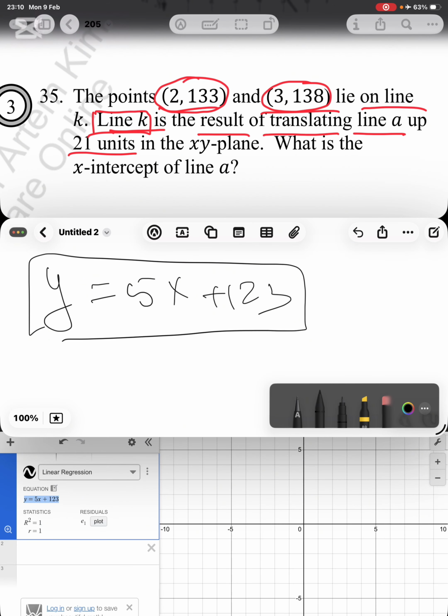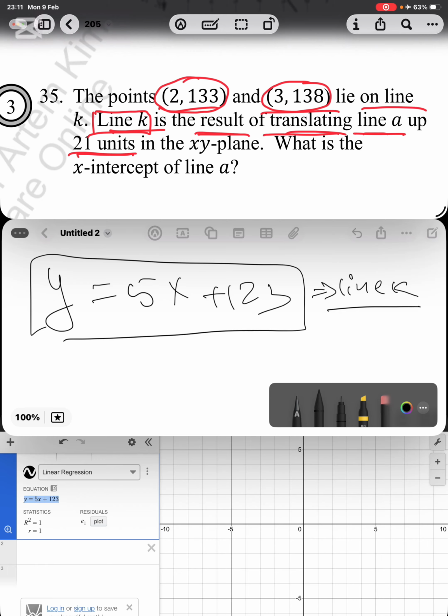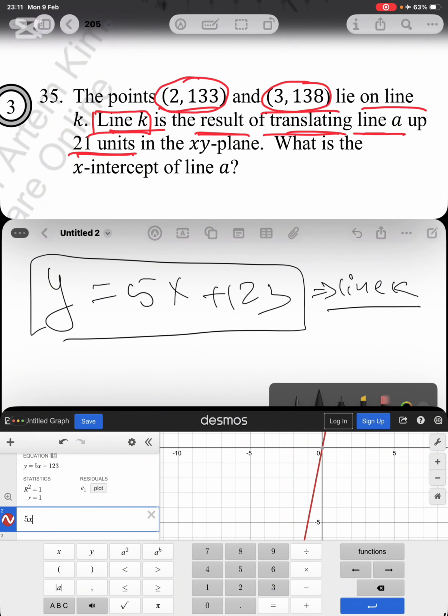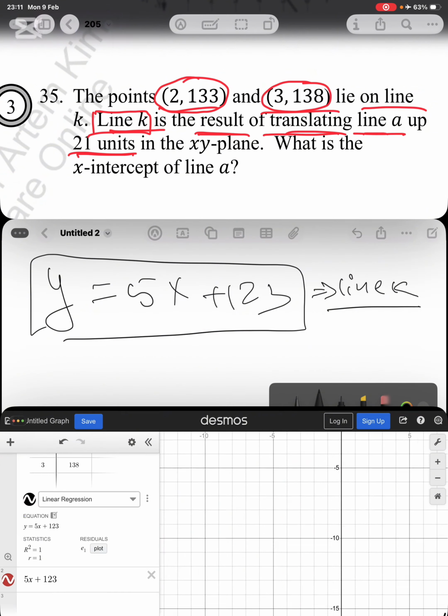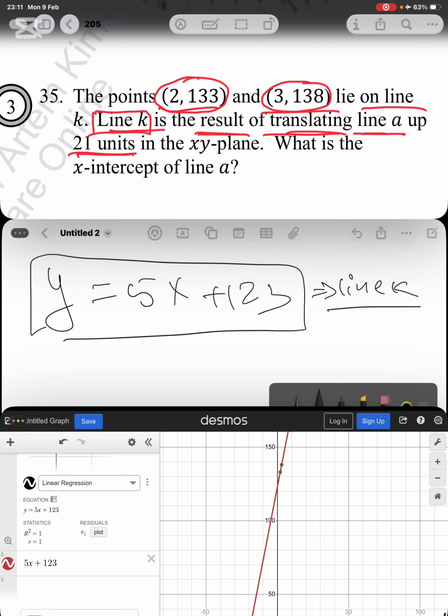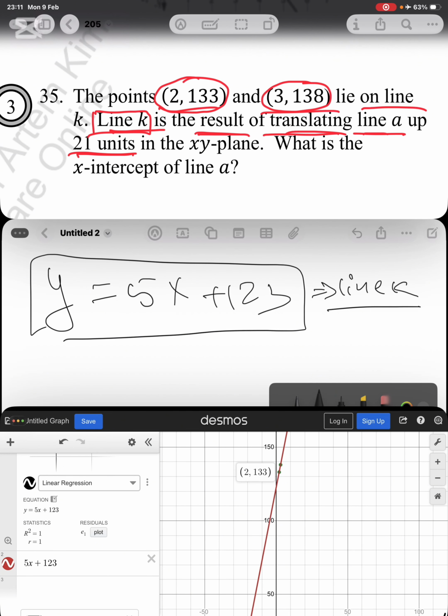So when you're given this is line K, right? It gives the result of translating line A up 20 units. So when you are given 5x plus 20 plus 123, it's written at this point, right? Now it says that line A is just translated up 21 units.